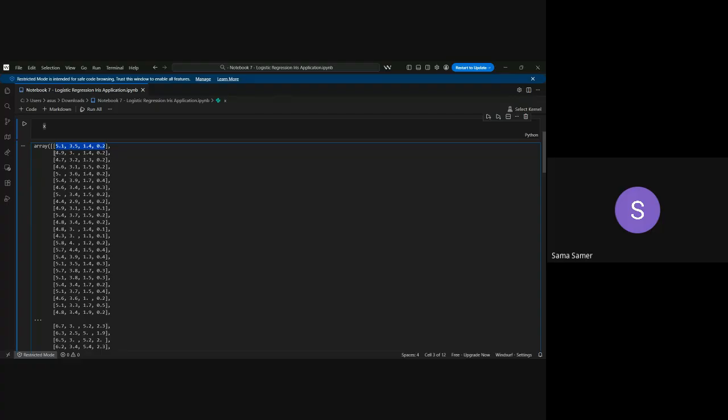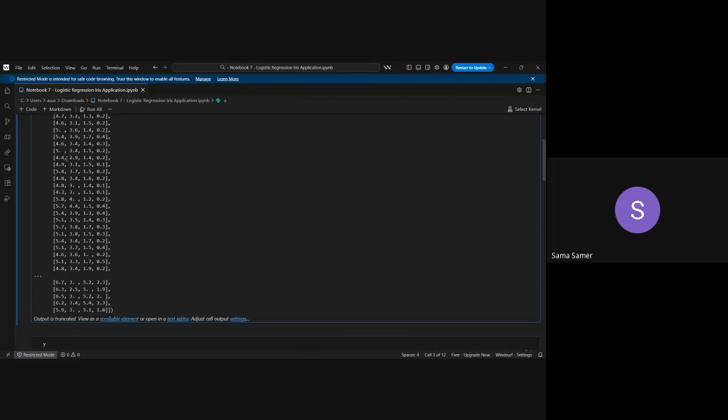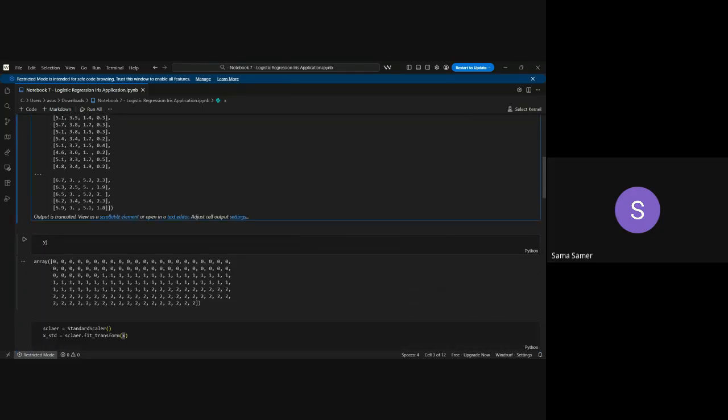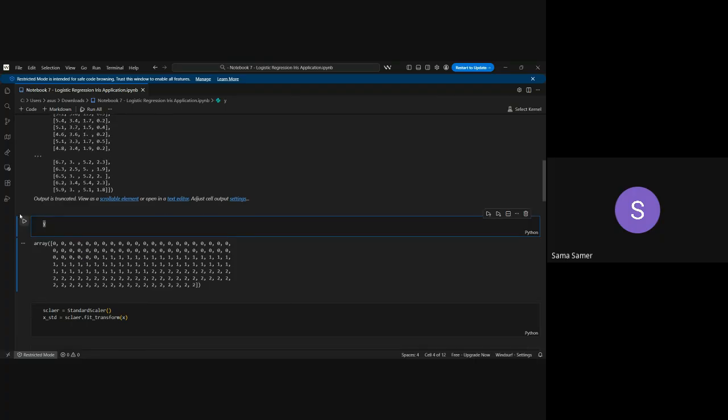We have seen it before: sepal length, sepal width, and the other two features. The iris dataset is a very, very small dataset. And for the y, we have a target variable, which is 0, 1, and 2. It is a multiple category data.